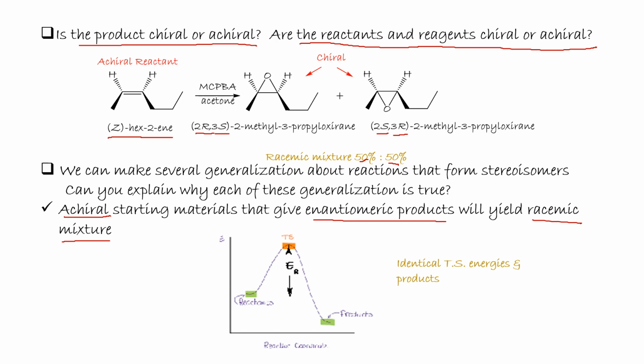So if we start with the same achiral starting material and get to the transition states which form enantiomers, the enantiomeric structures would be equal in energy, and we get products equal in energy. So we get a racemic mixture.